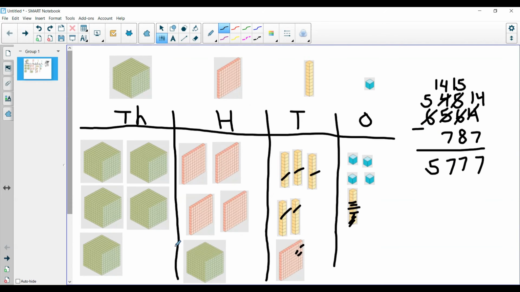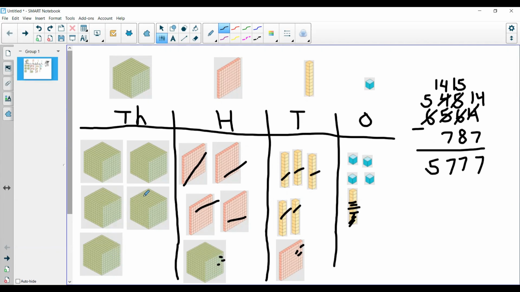Right? In my hundreds place value, I have 14 hundreds, and I can take 700s away. So I can take 1, 2, 3, 4, 5, 6, 7. If I do that, that's going to leave me with 700s left. And of course, for the thousands, 5 minus 0, I don't have to subtract anything, so that leaves me with 5.